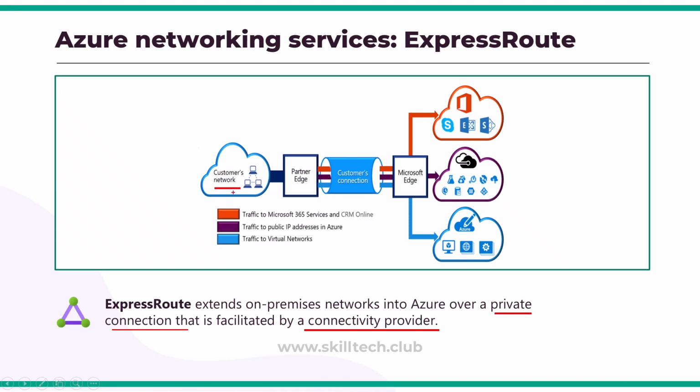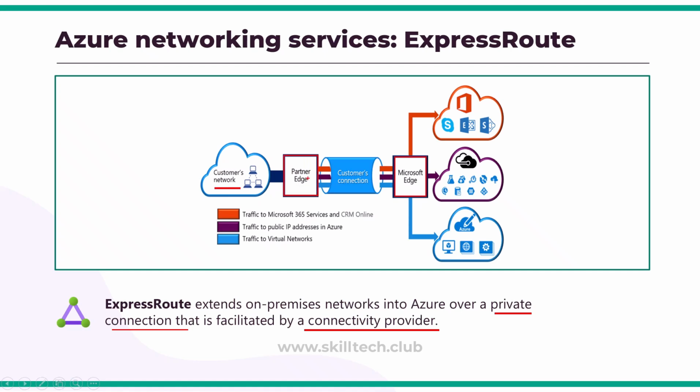If I want my customer's network and my Azure hosted services to be connected, I can use ExpressRoute service, which is going to create a bridge in between these two. We have a Microsoft Edge. This Microsoft Edge is the part which we configure from the Azure side. And then we have a partner edge, which is provided by the connectivity providers.